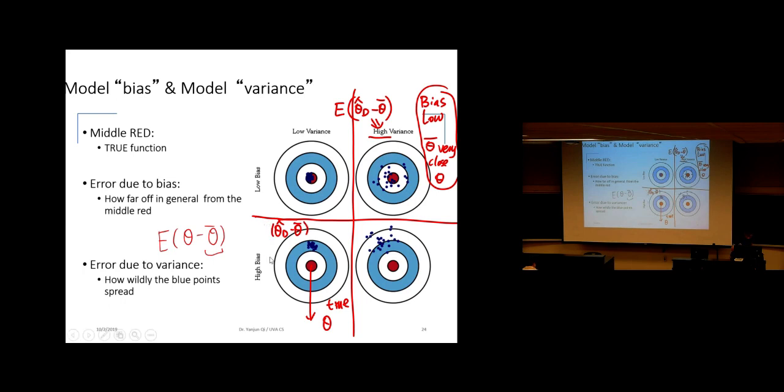This is low variance. However, the mean of the blue cloud is very far from that red point, which means no matter what D changes, I'm so far from the true model. This is a high bias case. Question about this? This is everything: if you understand this figure, you understand the bias-variance trade-off.